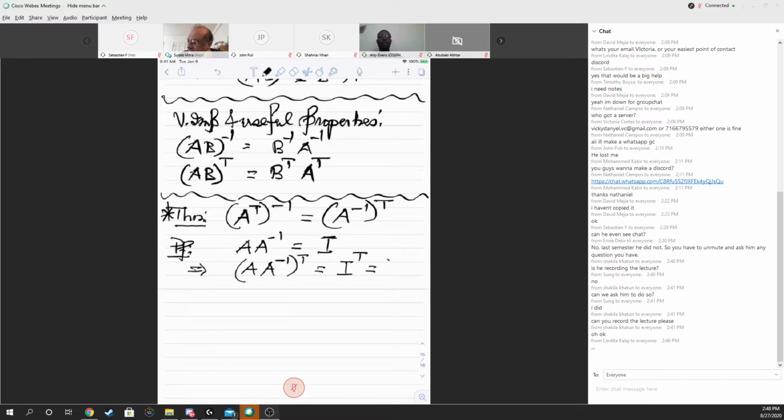That is I. And see how transpose behaves. AB transpose is B transpose A transpose. So that implies A inverse transpose times A transpose is I.